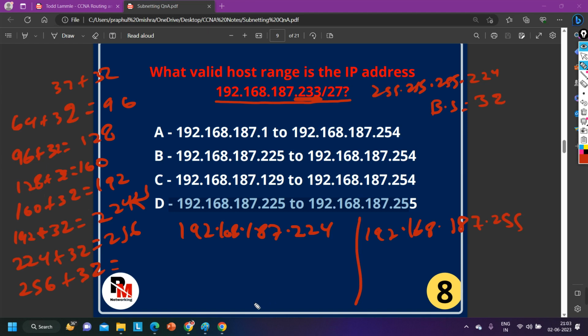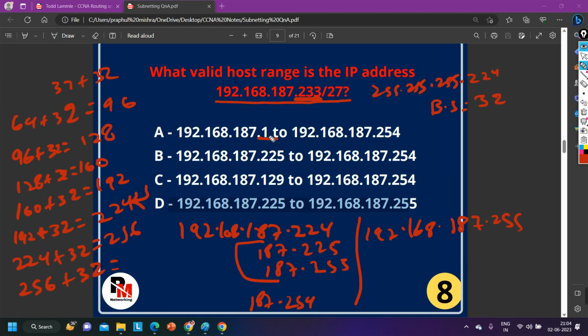That means the last IP address of this network is 187.254 hmm, so the first valid IP address will be 187.225 and the last valid IP address will be 187.254. So you can find the range.